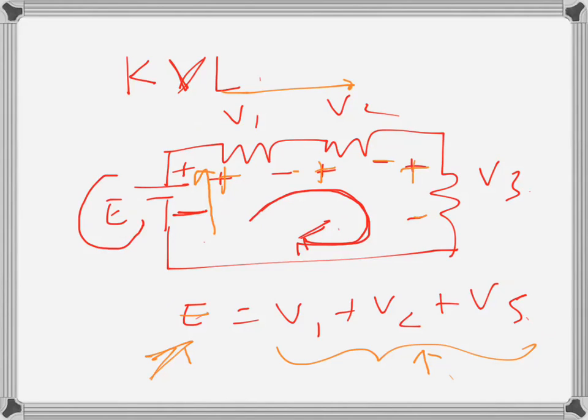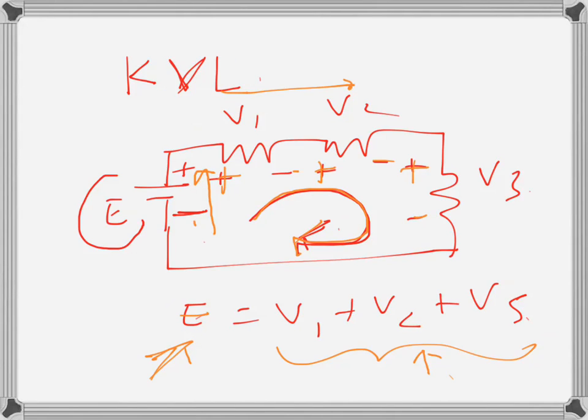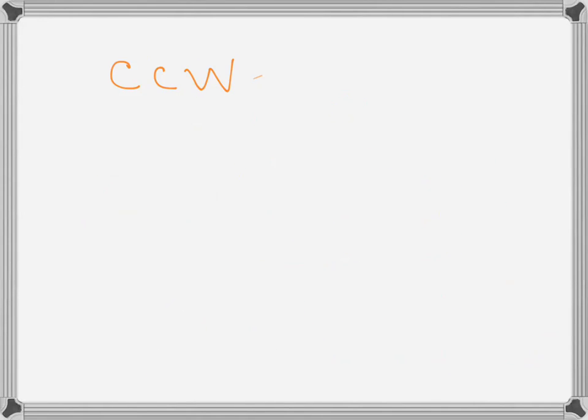Sometimes it's stated this way, that the sum of voltage drops is 0. When that's said, it actually means the rise is a negative drop. So when we go in any arbitrary direction, clockwise or counterclockwise, let's say CCW, we can see that E is a rise, so it is a negative drop, and then V1 is a drop, plus V2 is a drop, plus V3 is a drop.